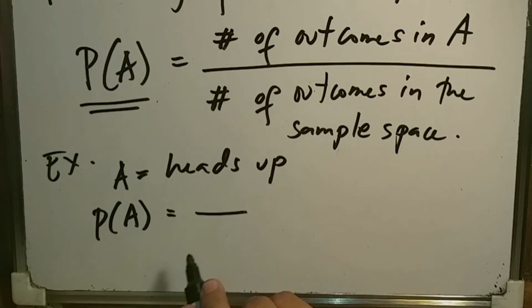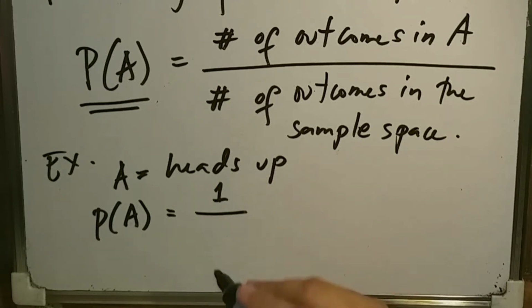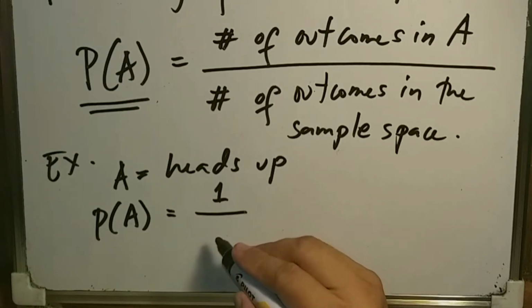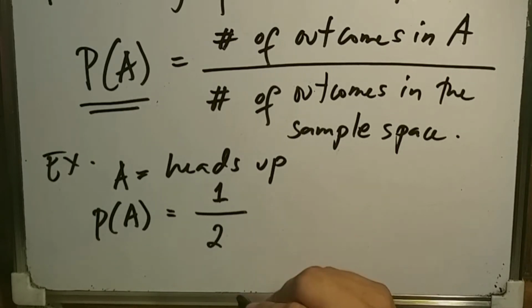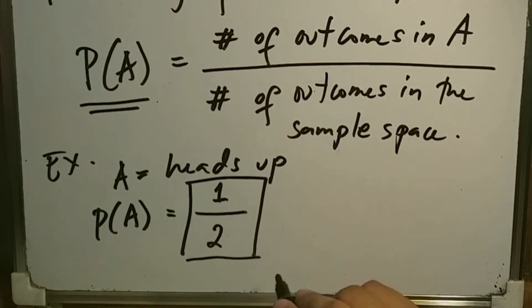So we take the number of outcomes in the event A, so we have 1, over the number of outcomes in our sample space, so we have 2. Therefore, the answer would be 1/2.